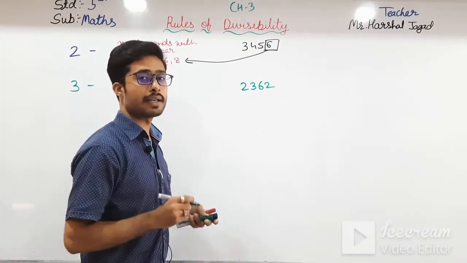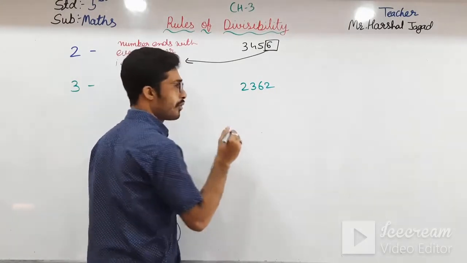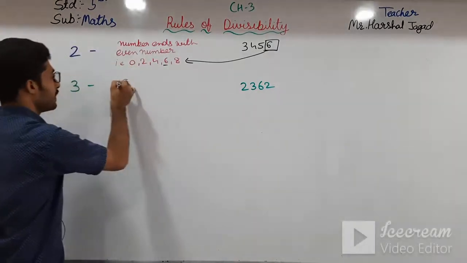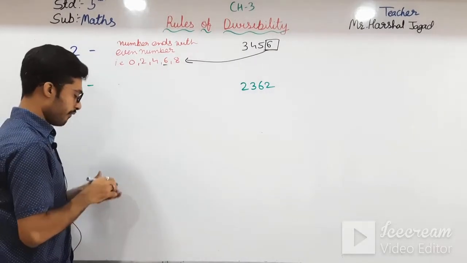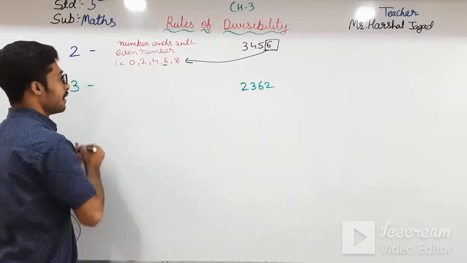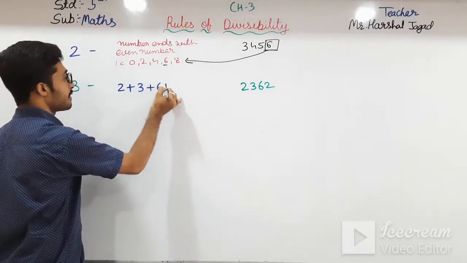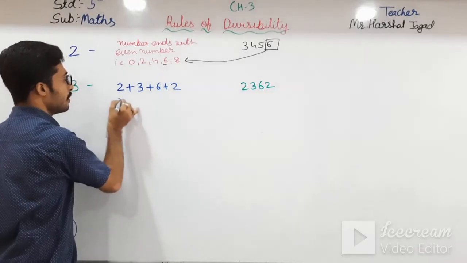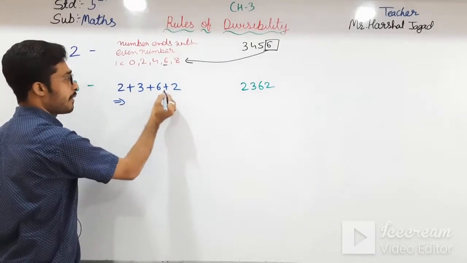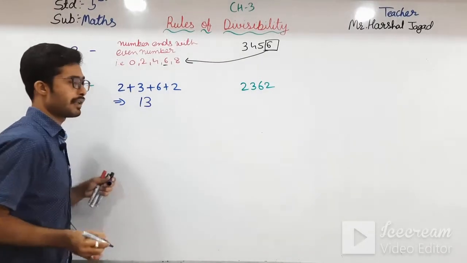How can we know that it is not divisible by 3? See here, we have to total the digits. 2 plus 3 plus 6 plus 2: 2 plus 3 is 5, 5 plus 6 is 11, 11 plus 2 is 13.